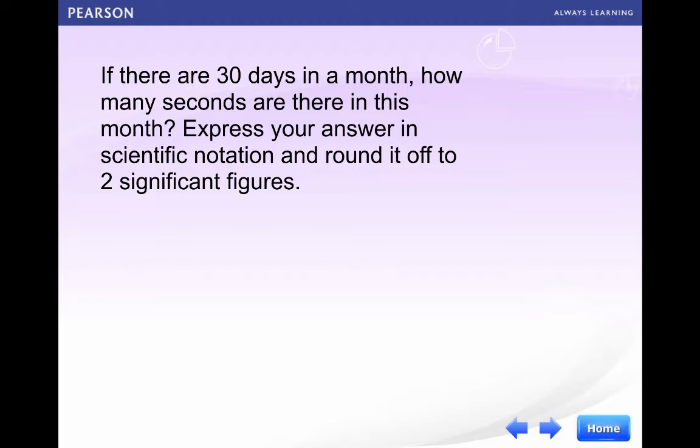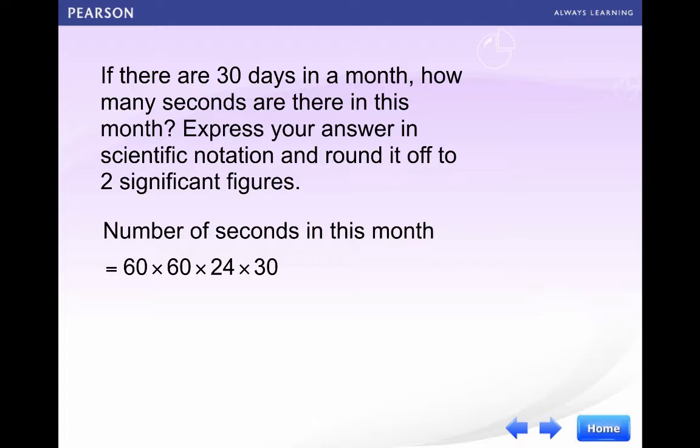So we have one more example. Look at this question. There are 30 days in a month. How many seconds are there in the month? You have to express the answer in scientific notation and round it off to two significant figures. 30 days, each day 24 hours, each hour 60 minutes, each minute 60 seconds.